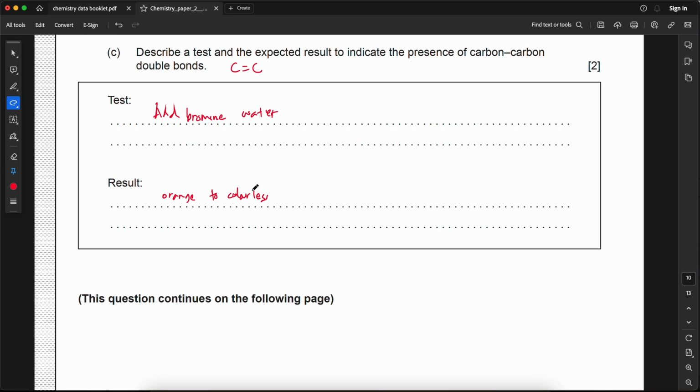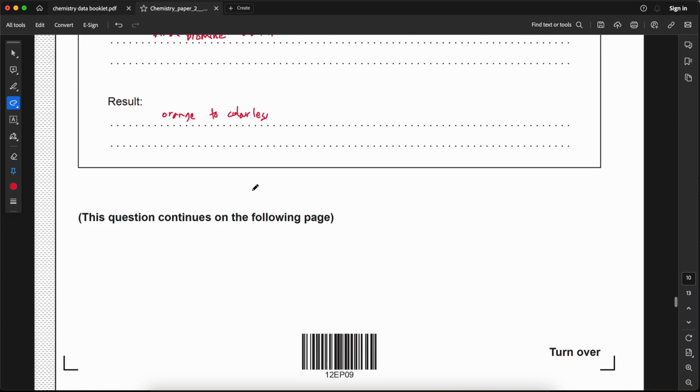So when you add it to alkene, it will turn colorless. But if it's alkane, the color will not change, it stays the same. So yeah, that's the answer.